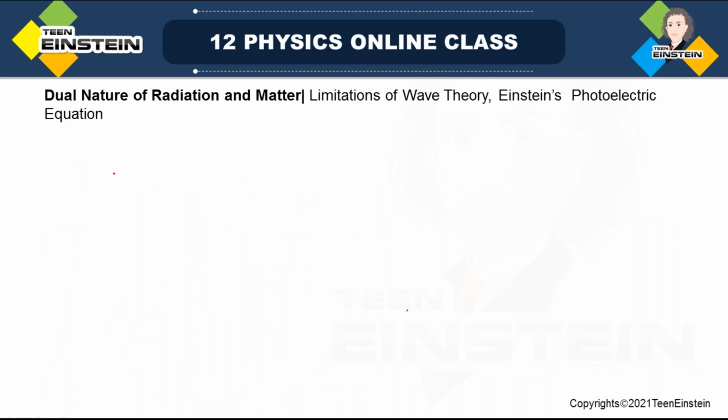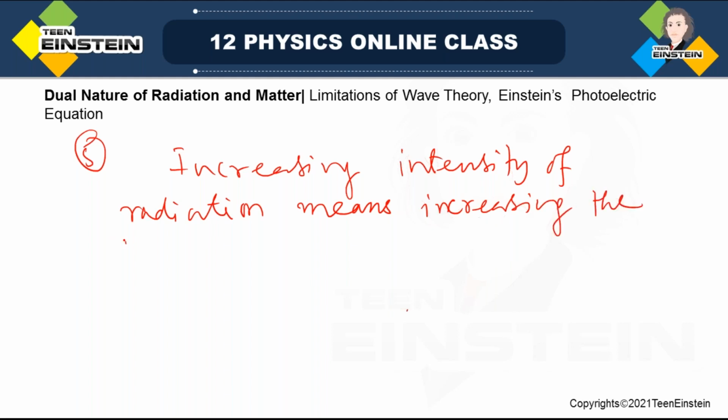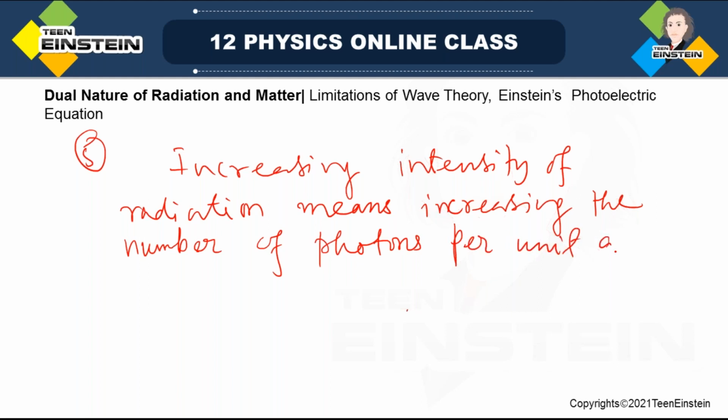Increasing the intensity of radiation means increasing the number of photons per unit area per unit time.